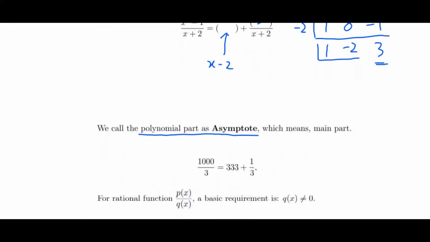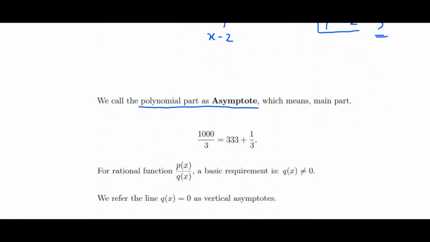So let's check this. Like 1000 divided by 3, we find this equals 333 plus 1 over 3. Compared with 333, there's 1 over 3, we can forget this. So we say 1000 divided by 3 is roughly 333, right?